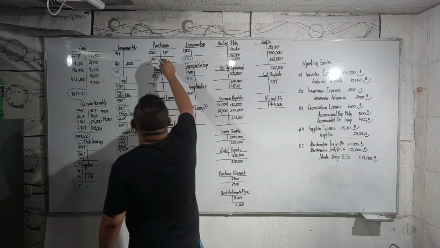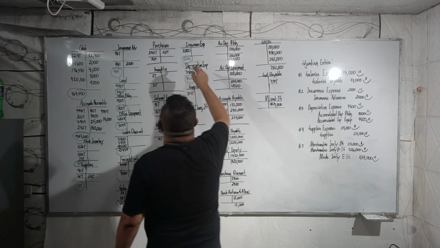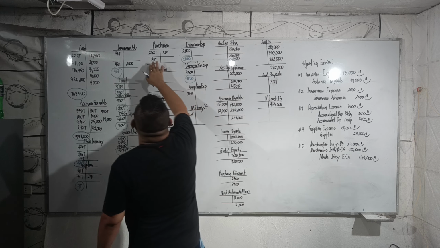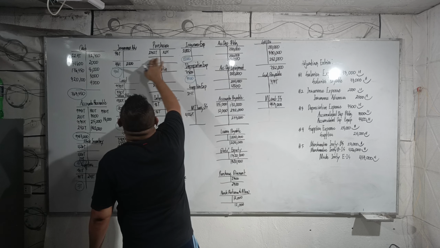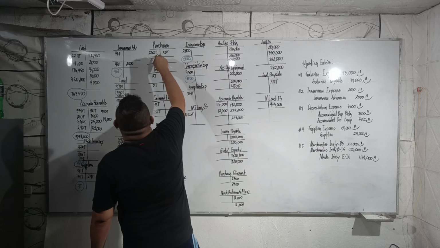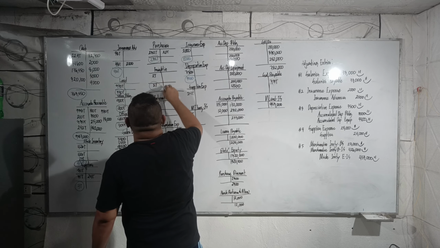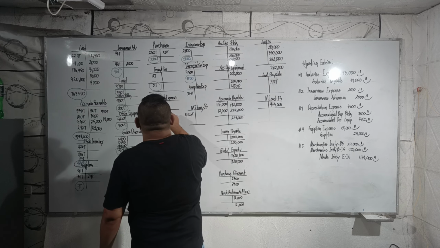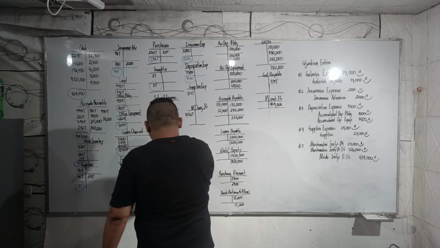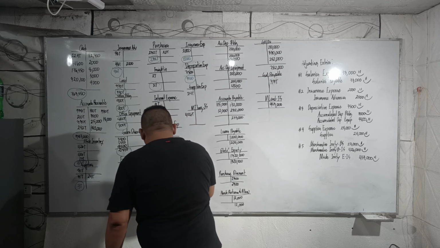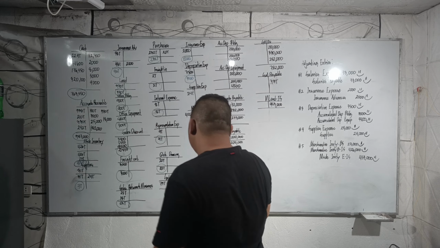The purchases, what is this? Why did I put it? The total should have been 232 right here. It's still the same. The freight in is still the same. The interest expense is still the same. The representation is still the same. The drawings of the owner is still the same.